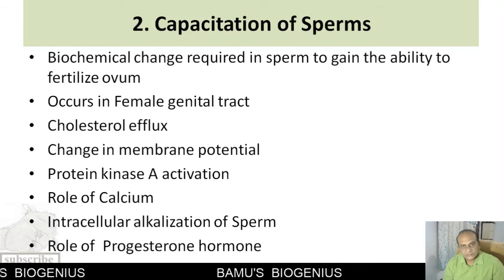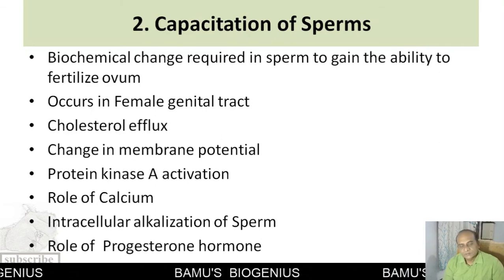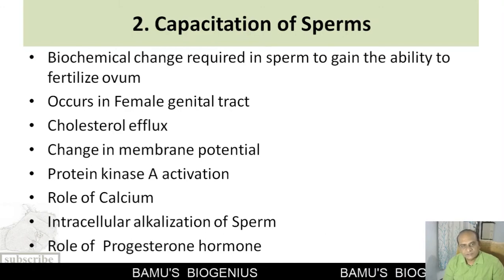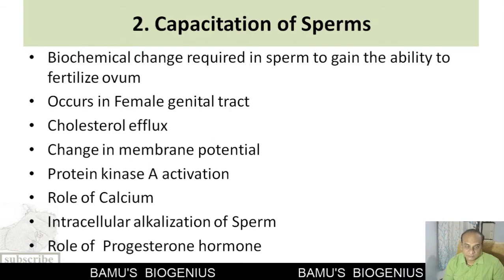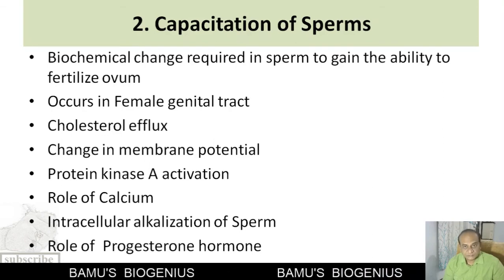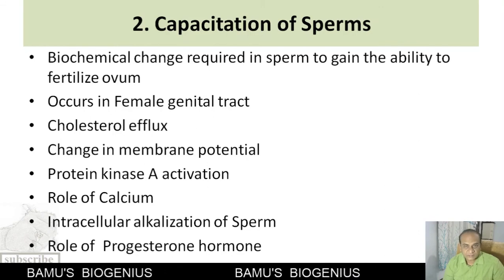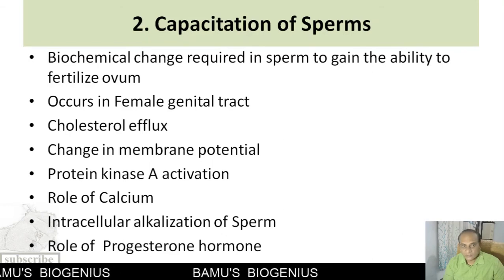Now the second point is the capacitation of the sperms. As I have told you, within half an hour the sperm will reach up to the ampulla region to fertilize the ovum. But these sperms, those who reach within half an hour to the ampulla region, will not be able to fertilize the ovum.